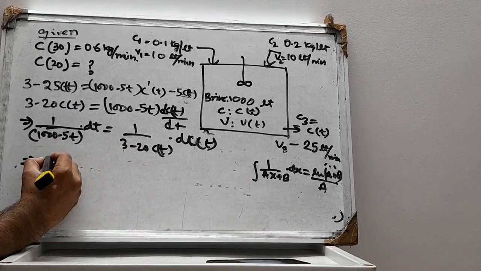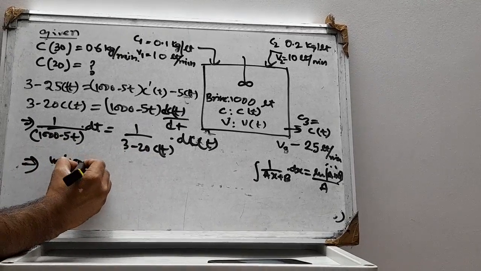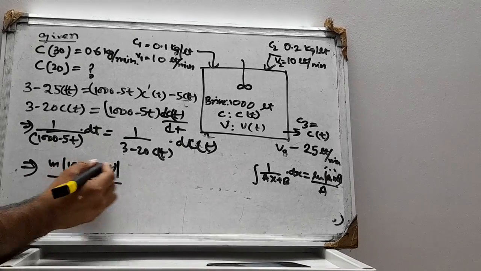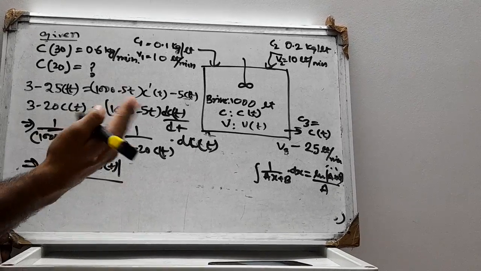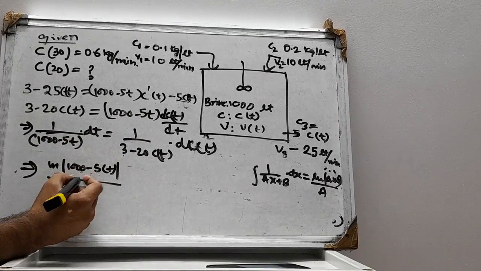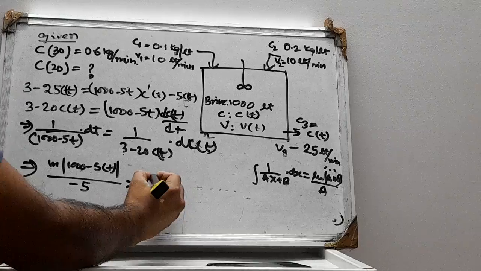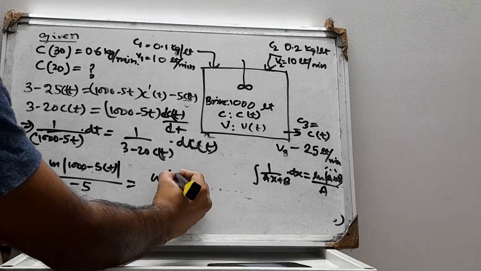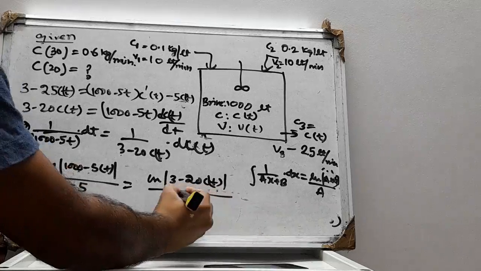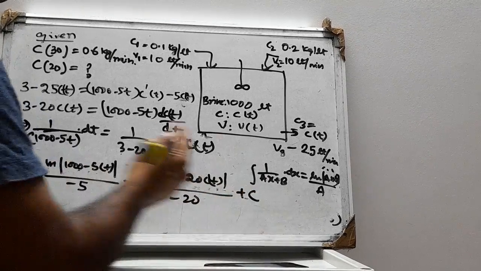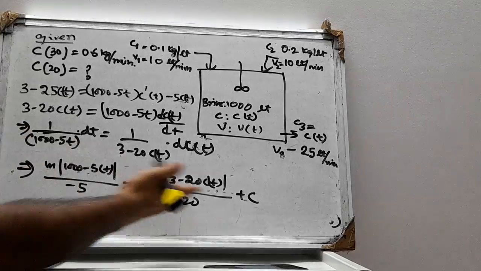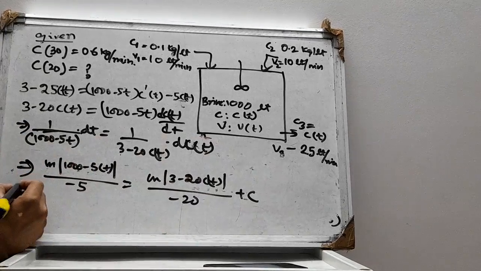So what we will get is ln of mod of 1000 minus 5t, divided by minus 5, is equal to ln of mod of 3 minus 20 ct over minus 20 plus a constant of integration. Why do we apply mod? Because whatever is the argument of the ln, that should be positive.